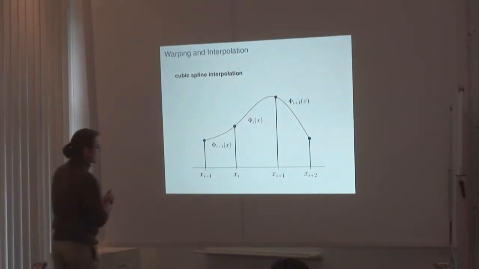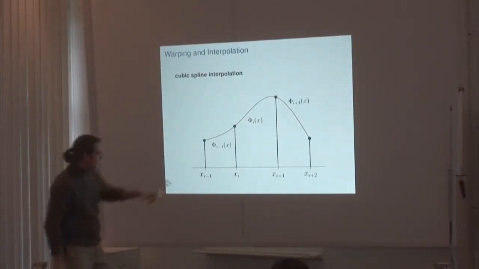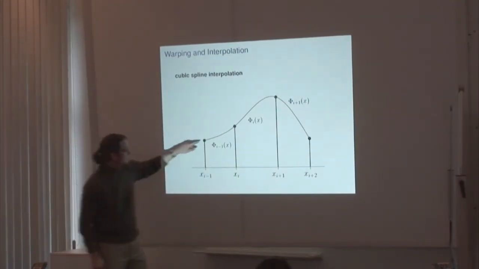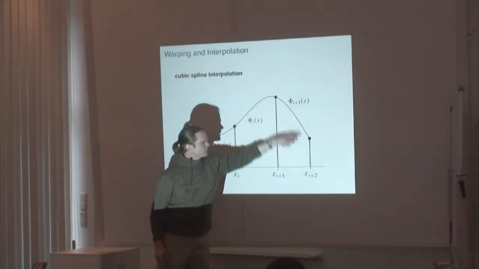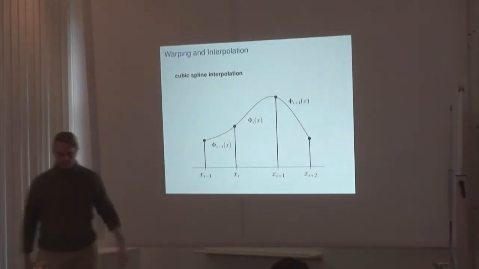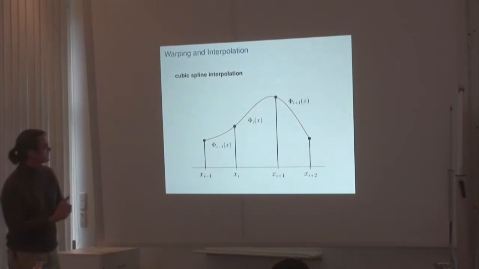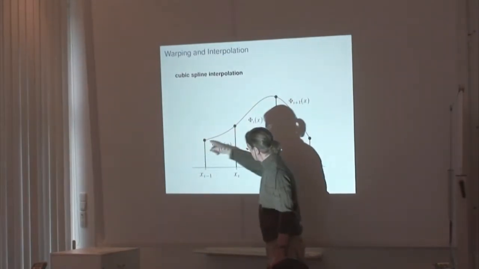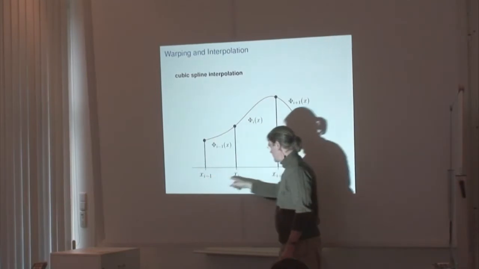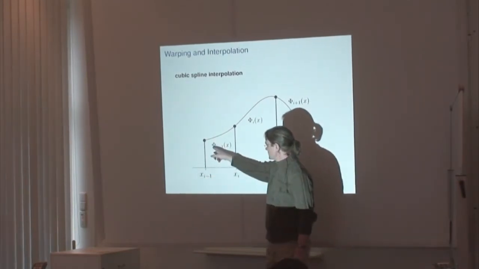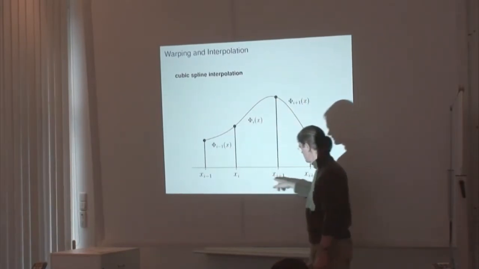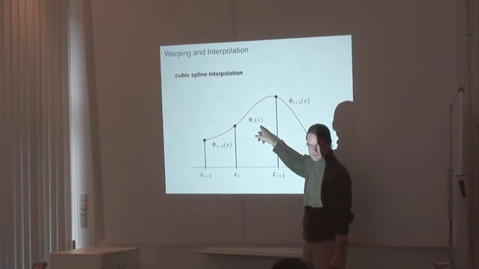Again, a picture says 1,000 words. Here are 4 sample points, and those are the corresponding cubic polynomials. This is already after I fitted it. This looks good. This is fairly smooth. The polynomial piece between xi minus 1 and xi is called phi i minus 1 of x. The polynomial piece between xi and xi plus 1 is called phi i of x.